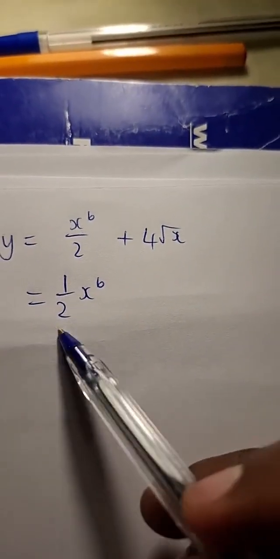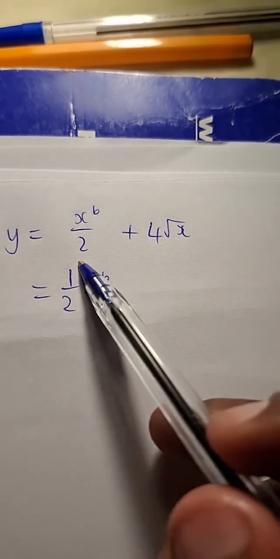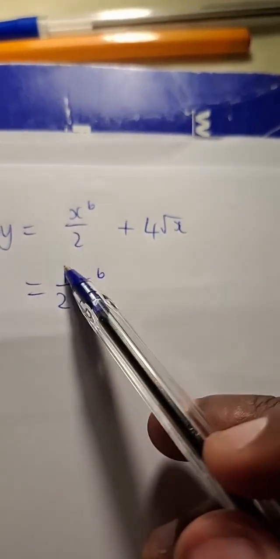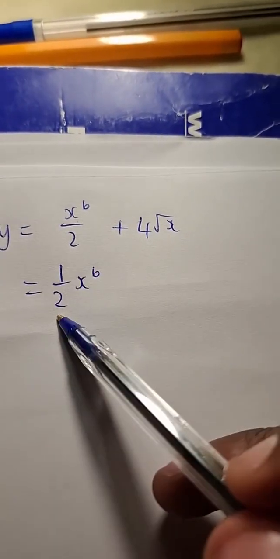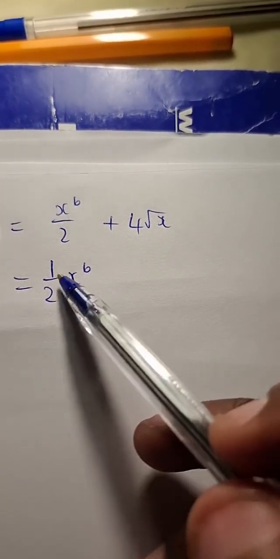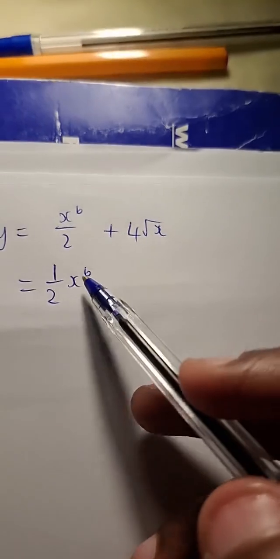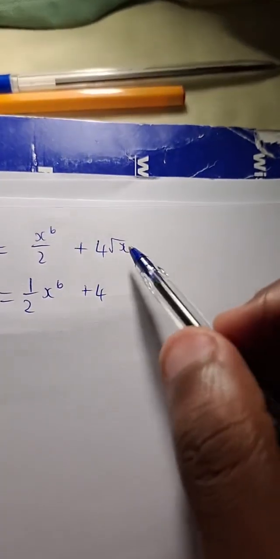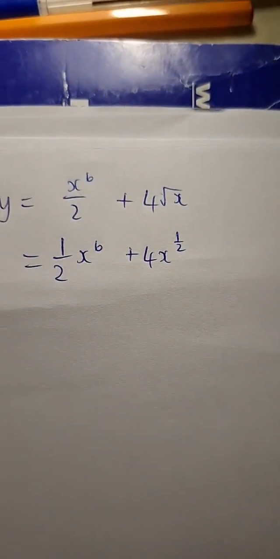We do that so that we have a defined coefficient, which is 1 over 2 for the first term, and then x to the power 6 in the numerator, just the variable that accompanies the coefficient. Then we say plus 4. The root x we change to exponential form, and since it's a square root, it means x to the power half.